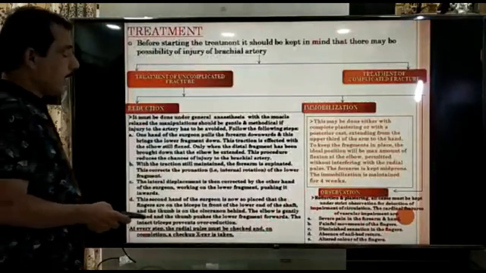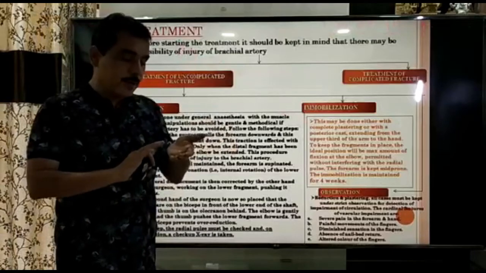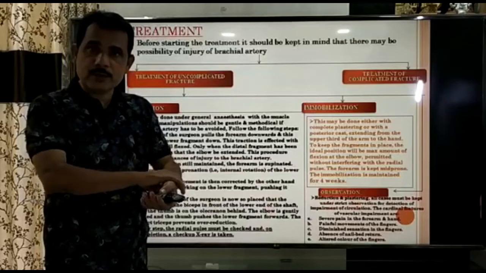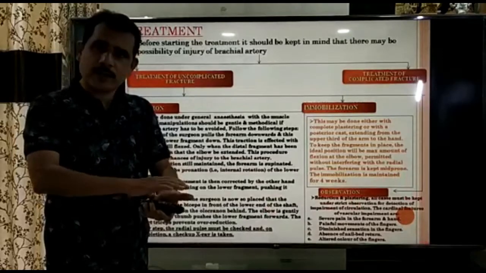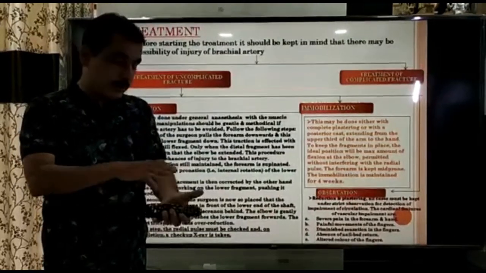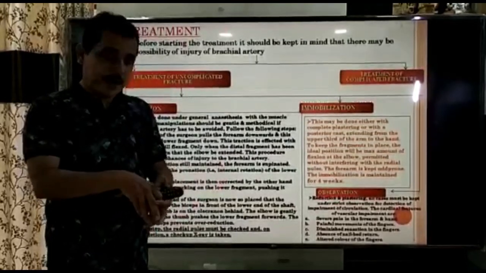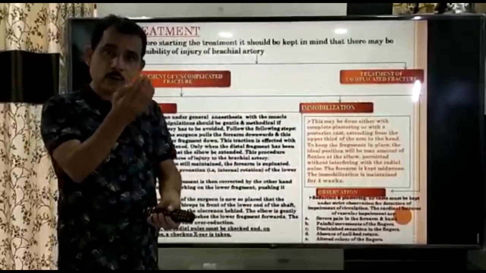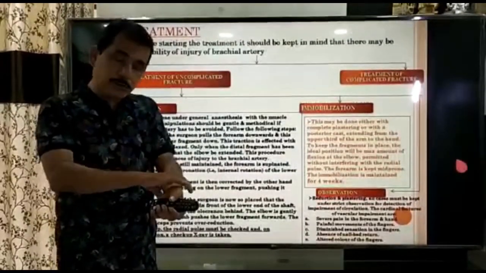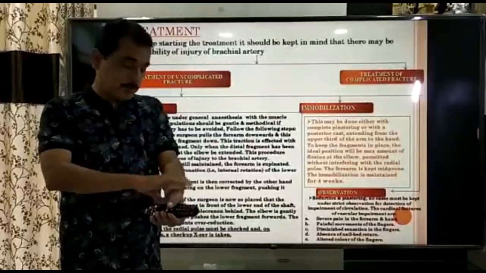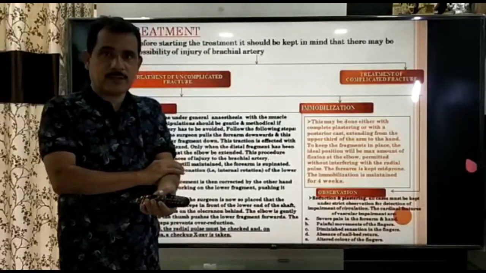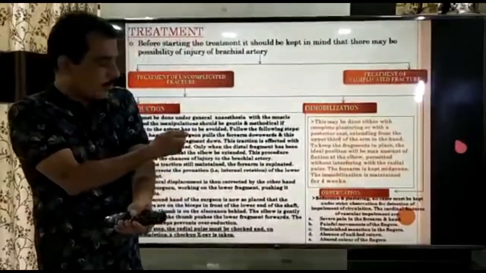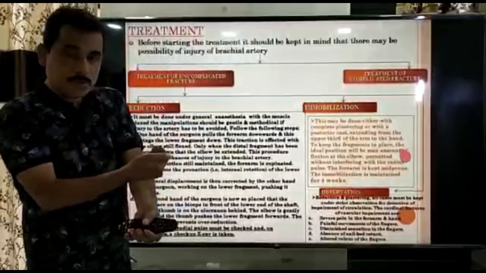The surgeon holds the forearm of the patient and uses gentle downward traction, which brings the lower fragment downwards. While giving the traction, the elbow should be kept flexed. So the lower end which has gone upward comes downward.